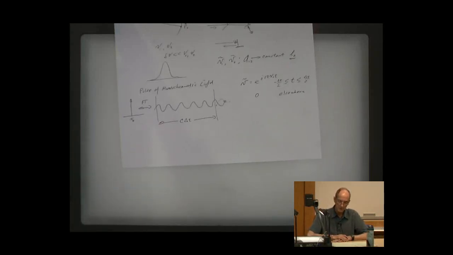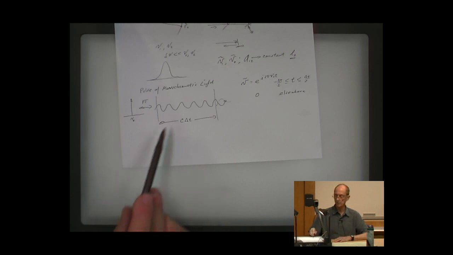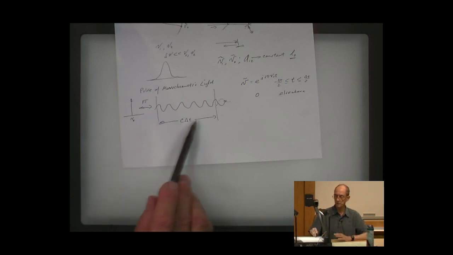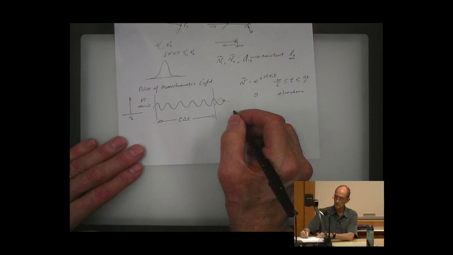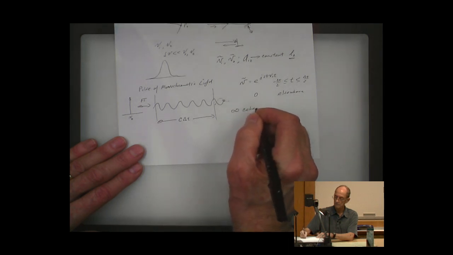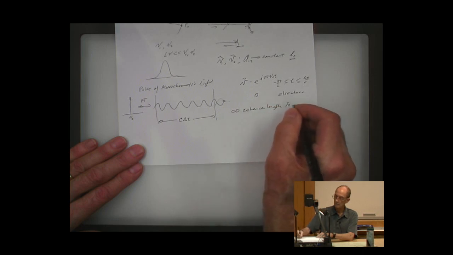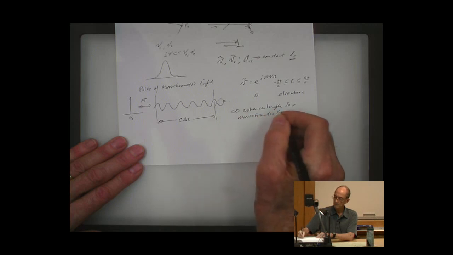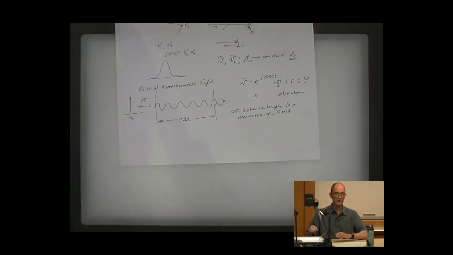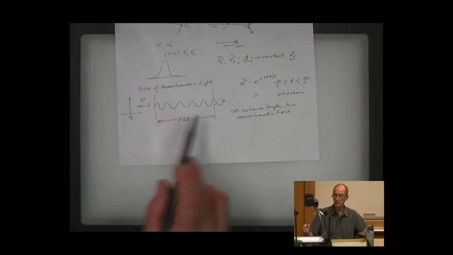Now what we want to do is figure out what the frequency spectrum is. Because already, from just considering the monochromatic field, we know that the monochromatic field has basically an infinite coherence length. That's our reference point, represented here by the single delta function frequency spectrum for the monochromatic field.